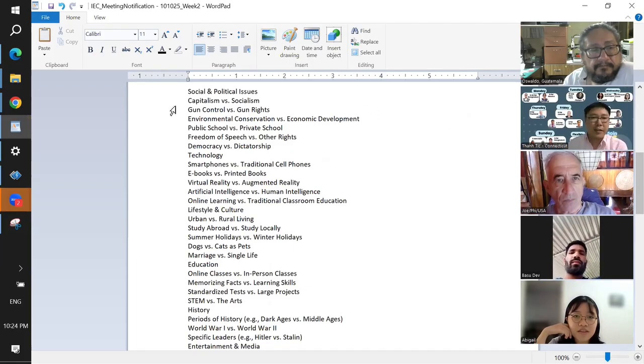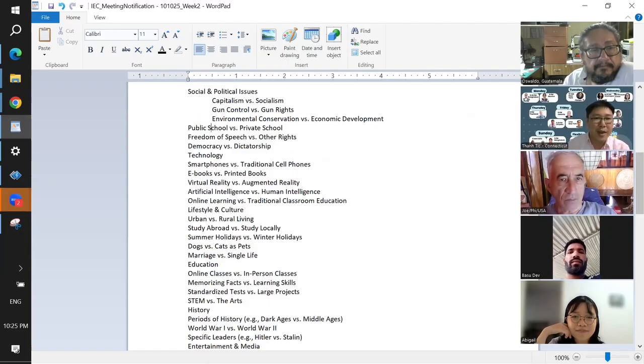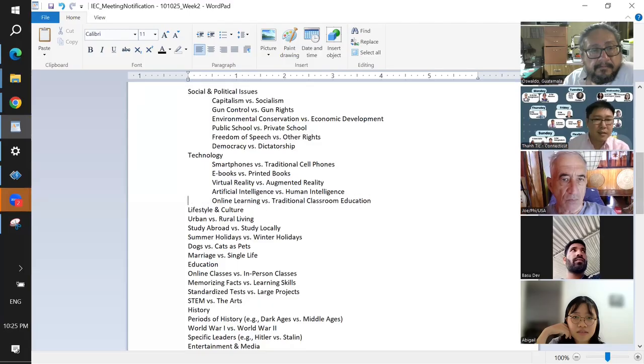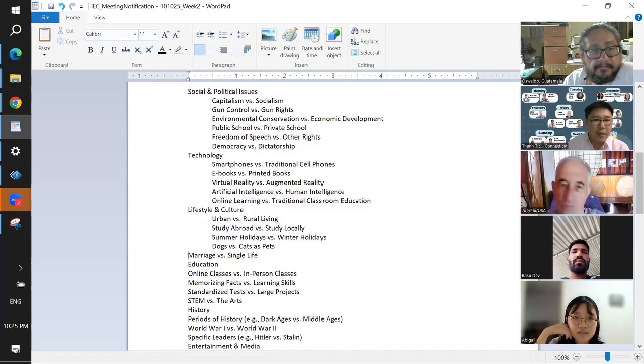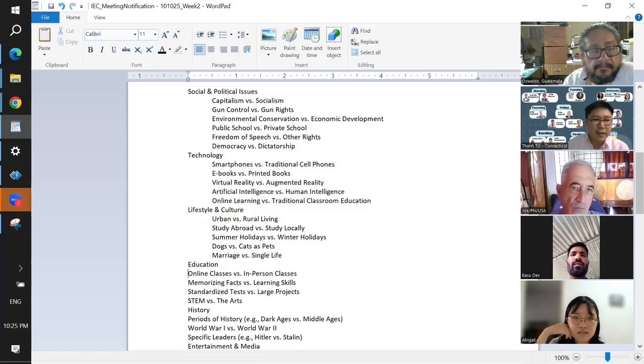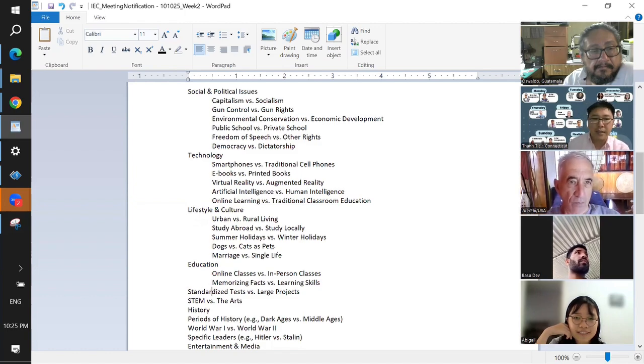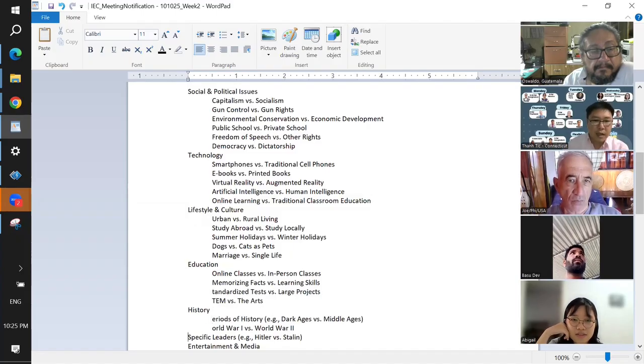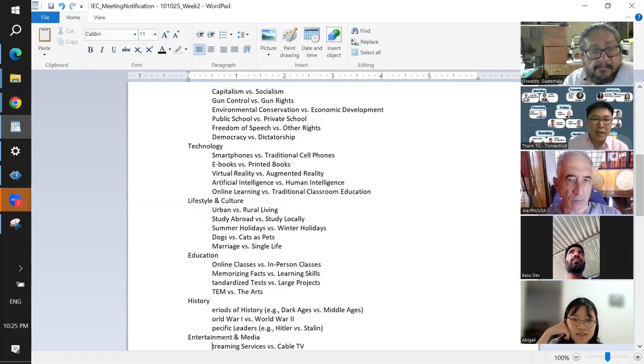I think this was formatted not so well. So it's divided up into various sections. You have political issues, social, technology, lifestyle, culture, education, history, entertainment, media.